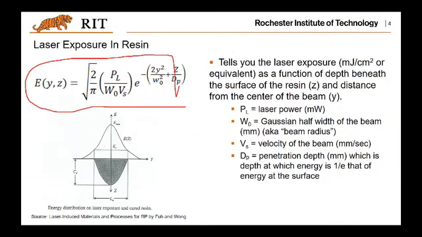So we have some parameters here: PL, the laser power, and W0, the Gaussian half width of the beam. Also the velocity of the beam Vs, and the penetration depth dP. Among the 4 parameters, PL as well as Vs are the ones we could control, right?